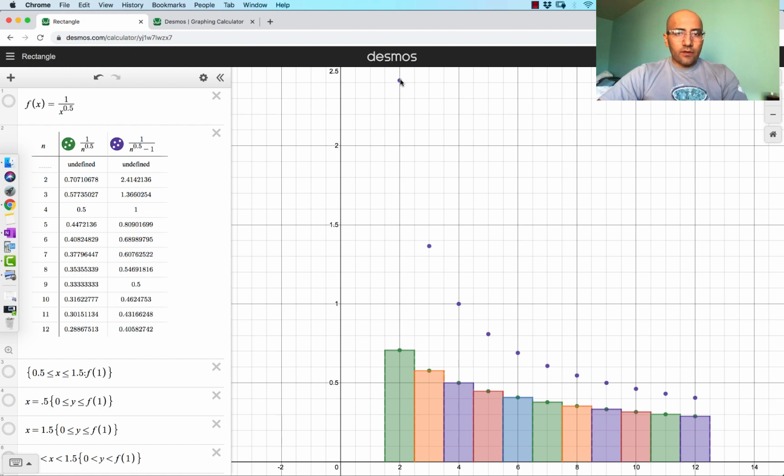Here's the one where n equals 2, n equals 3, 4, 5, 6, 7, and so on and so forth. We want to know the sum of all of these out to infinity. Notice that they're all positive, and we can see that they're all getting smaller, so we can maybe think that there's a chance that the sum of all of these individual values will converge to something, right?